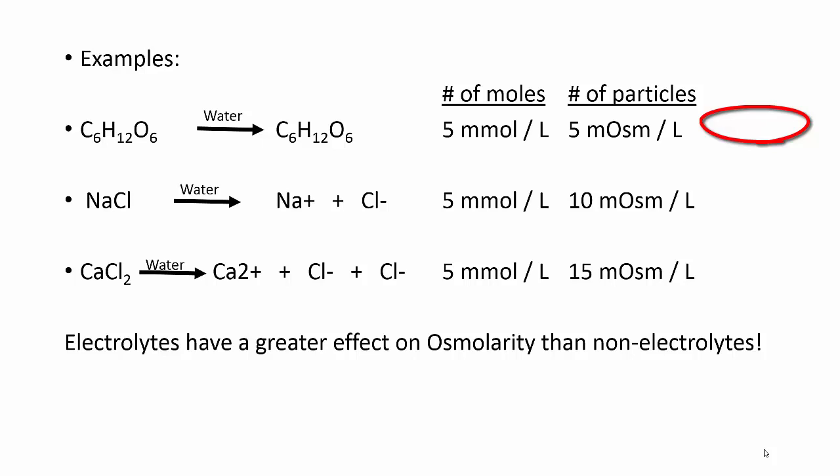However, the particles are also 5, when we talk about osmotic moles per liter, so it's the same. But when you look at an electrolyte, like you see here with NaCl, when it's added to water, it splits. It has the Na positive, which is the cation, and the Cl negative, which is the anion. So we start out with 5 moles per liter of sodium chloride, but when it dissociates, it's 5 plus 5, and it gives us the 10. So the number of particles are actually 10, not 5.